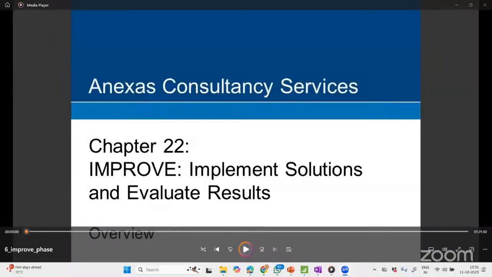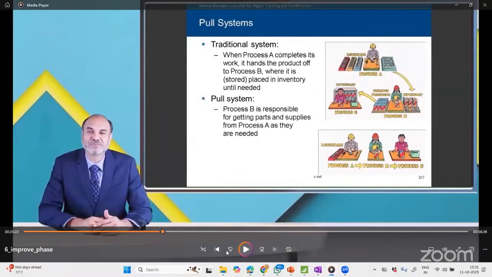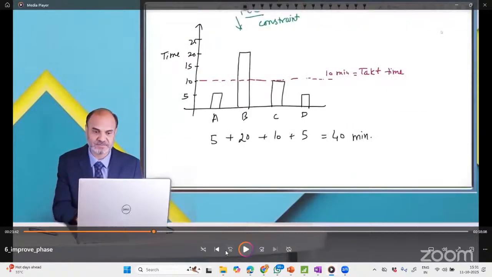I'm just sharing my screen here. I hope you are able to see it. Let me explain this part to you.